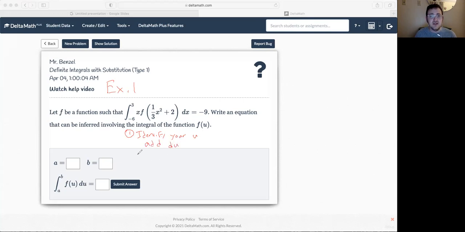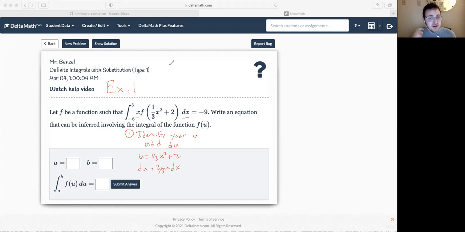So our u is equal to 1/3 x squared plus 2. And then our du is going to be 2/3 x dx. And notice here, I have the x dx on the outside, so I can use that and get this into a du.